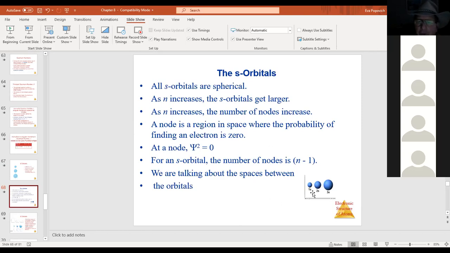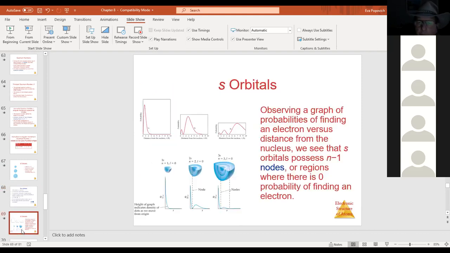And basically, guys, we are talking about the spaces between the orbitals. If we want to look at it plotted out in terms of probability, there are no nodes in the 1s orbital. It can't exist at the origin, so that's the only place where the probability is absolutely 0.